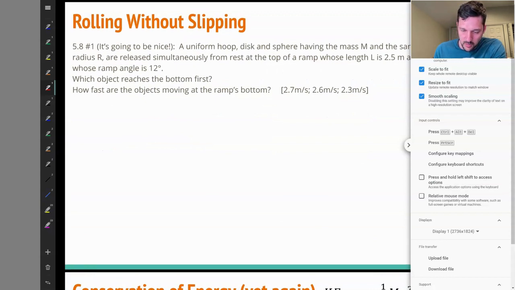we've clearly got a situation where some objects are moving across a surface, and the fact that they're not slipping means that the surface of the ball or rotating object that's in contact with the surface that it's rolling on, those contact surfaces are stationary relative to each other.